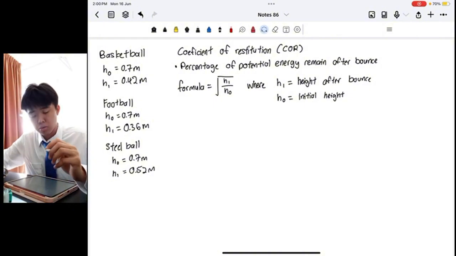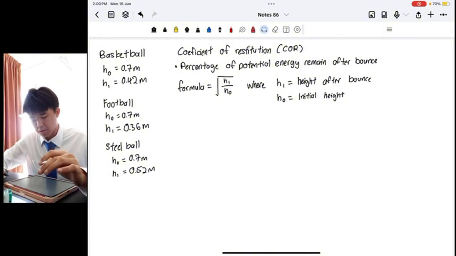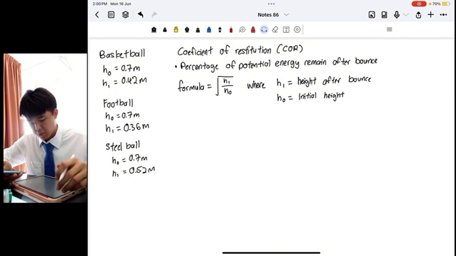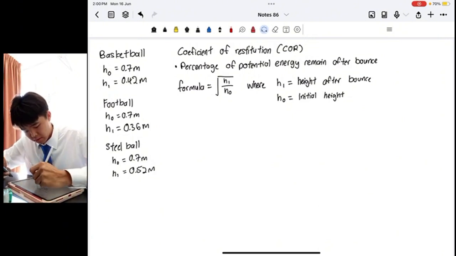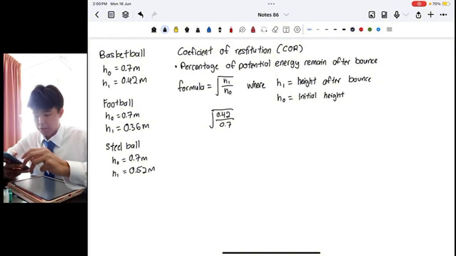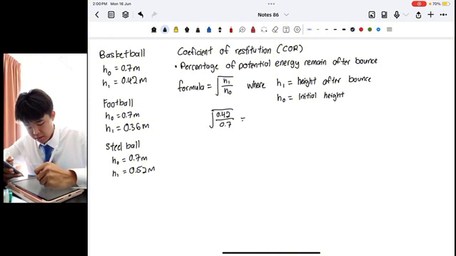So to find the coefficient of restitution of basketball, we can just substitute the values into the formula, where it is square root of 0.42 over 0.7, and we just use a calculator and we found that it is 0.7745.